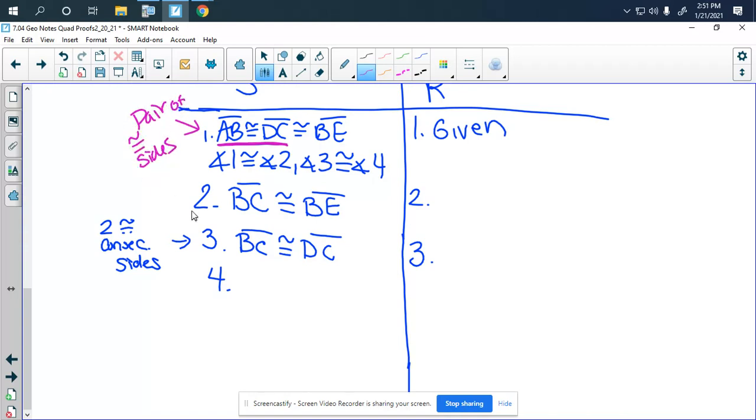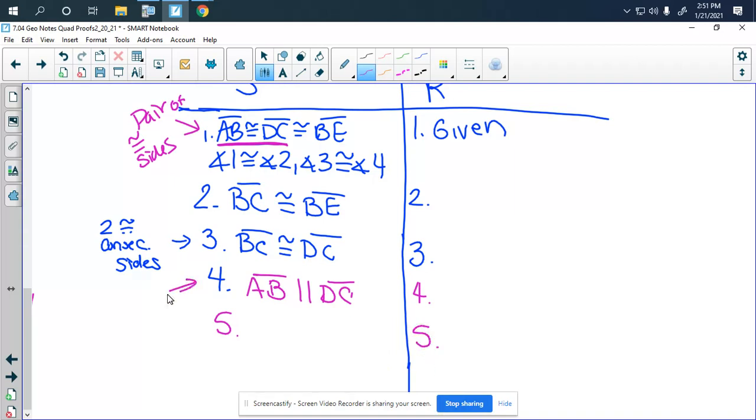If I can get those same sides to be parallel, which I can, then I've got myself a parallelogram. So step 4 would be, if the interior angles are congruent, then the lines are parallel. Make sure you start with the if, the interior angles are congruent, and then the lines are parallel.